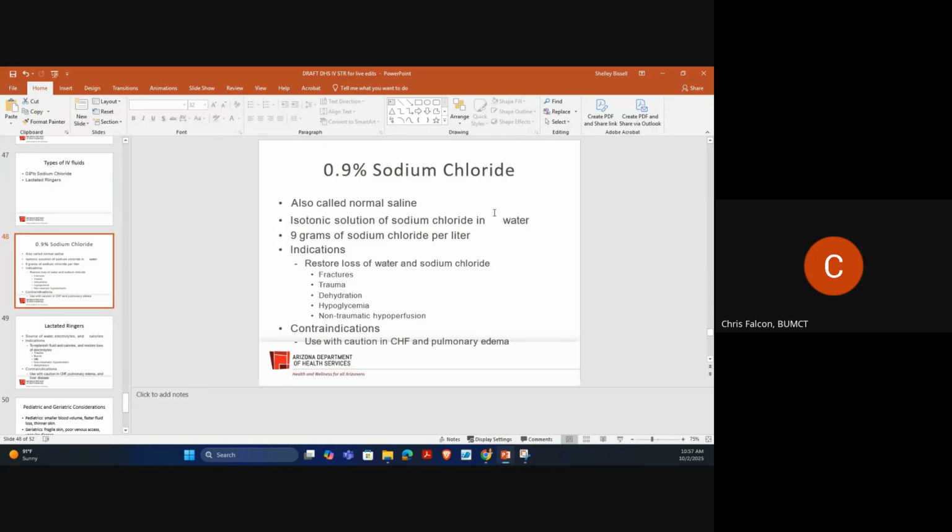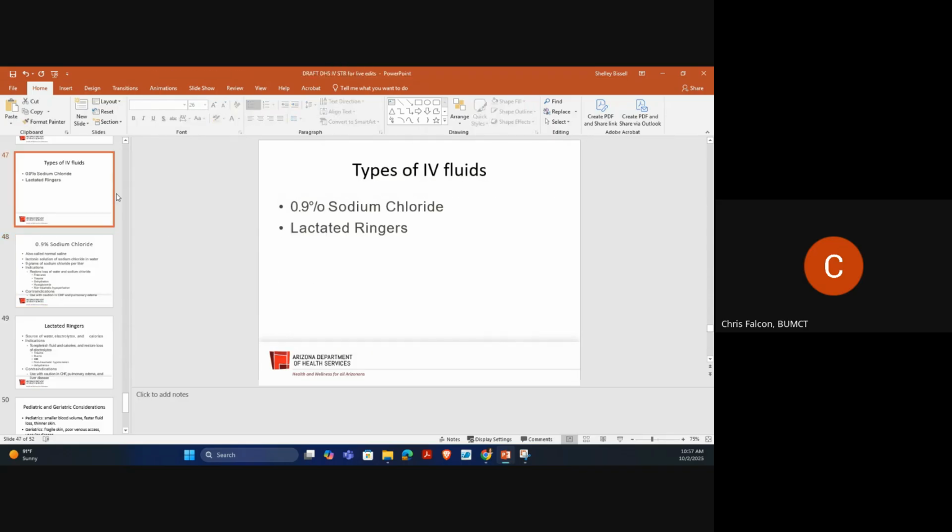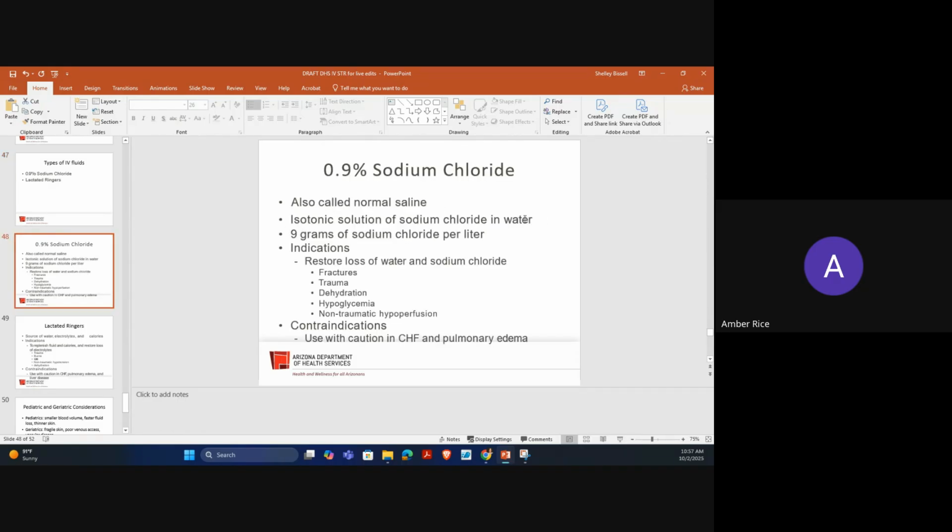Should we include some education on the isotonic fluids, and then hypertonic and hypotonic, so they know what they are, between colloid and crystalloid? Well, maybe we just take that off, because they're not going to infuse any of that. So on the next slide, Shelley, just put solution of sodium chloride in water, and take off the word isotonic.